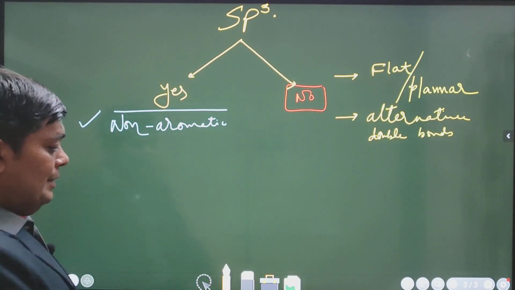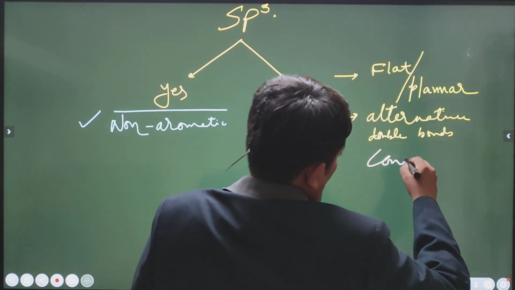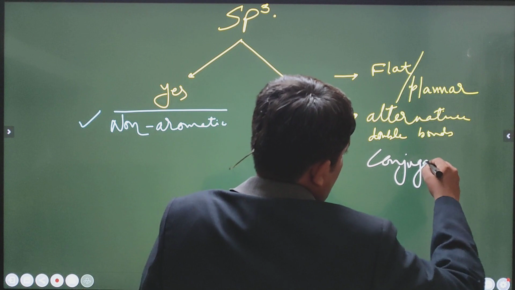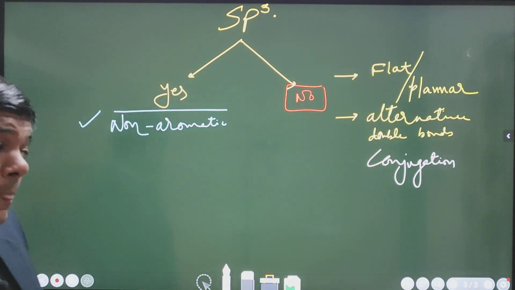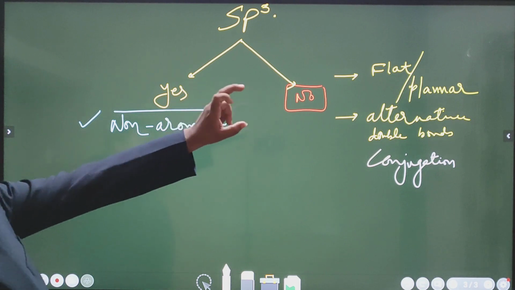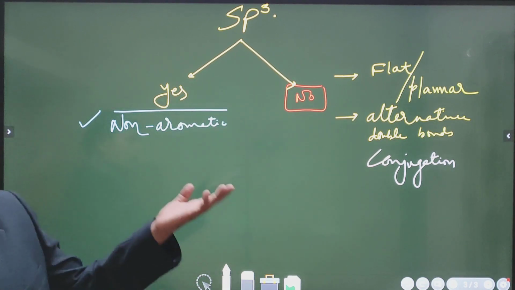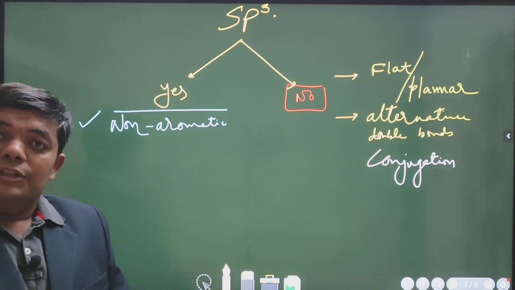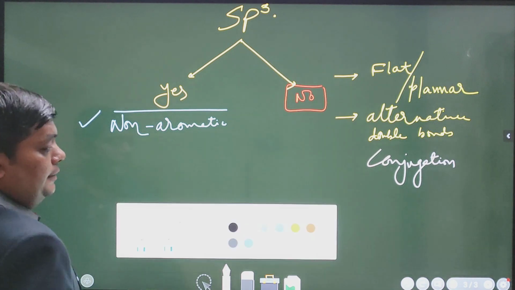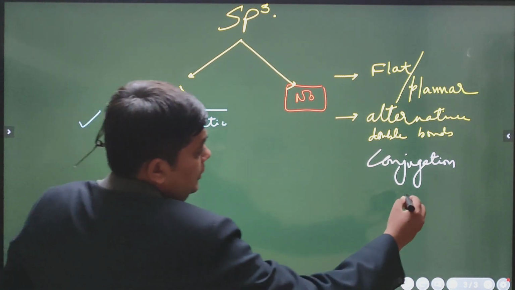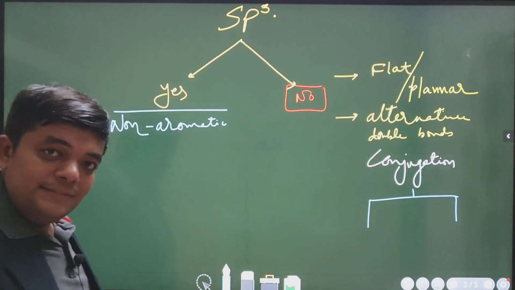So whenever you say alternate double bonds, always say conjugation. So these are the two minimum criteria it should have: a flat or planar molecule, and alternate double bonds or conjugation.